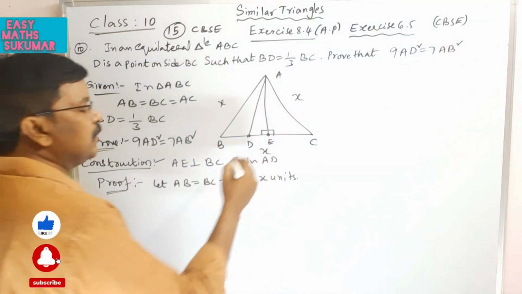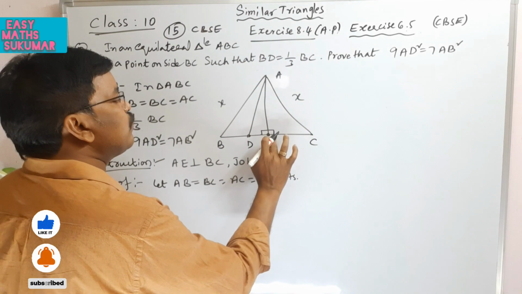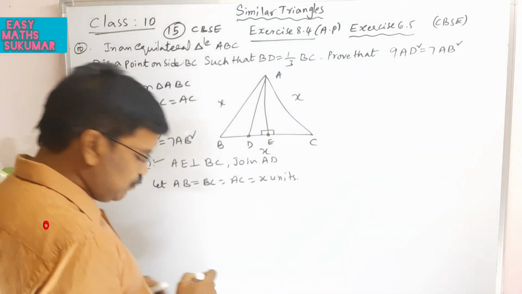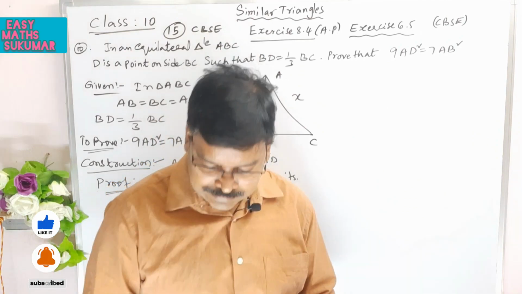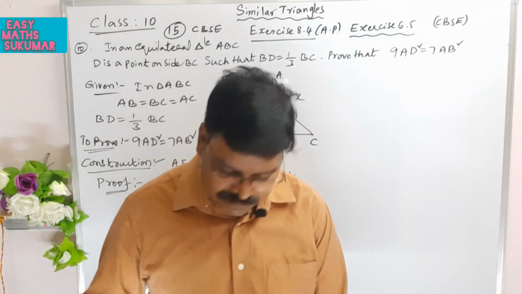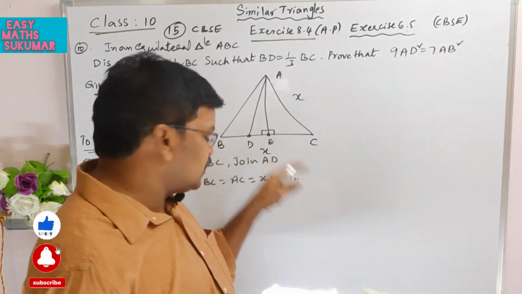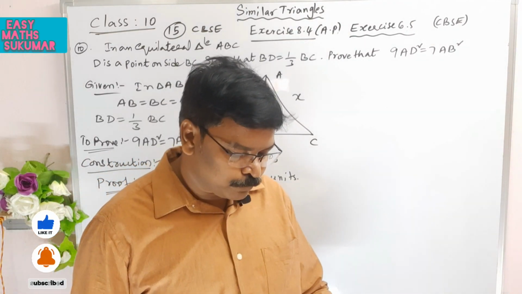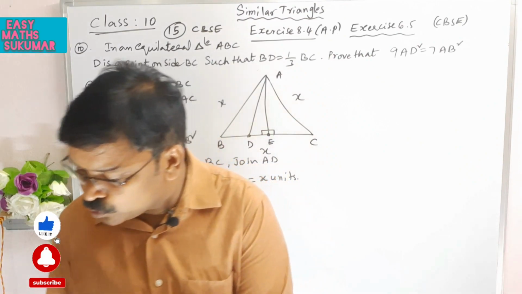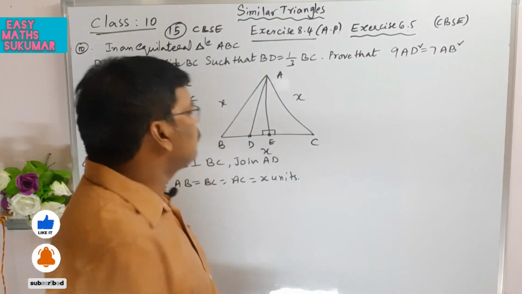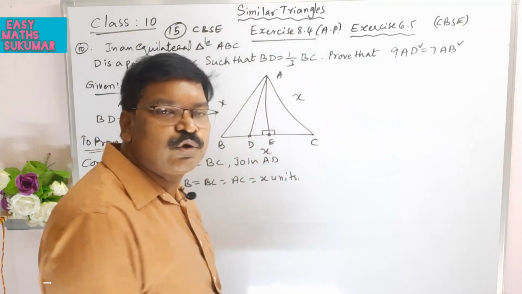Okay. See, this E is the midpoint of BC. Already we have proved this in a previous sum, the third sum in exercise 8.4. How did we prove there that BE and EC are equal?